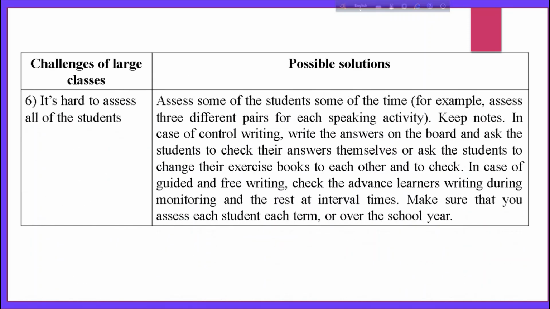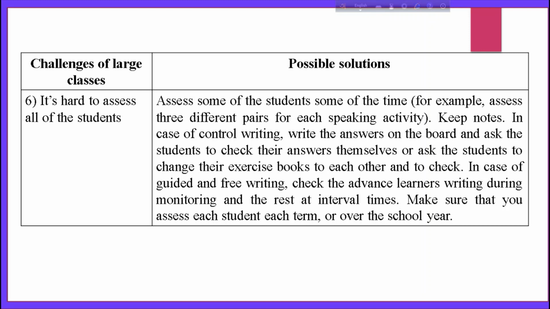Okay, and here is also a challenge. It is hard to assess all the students. Assess some of the students some of the time. For example, assess 3 different pairs for each speaking activity. Keep notes. In case of controlled writing, write the answer on the board and ask the students to check their answers themselves, or ask the students to exchange their exercise books with each other and check.